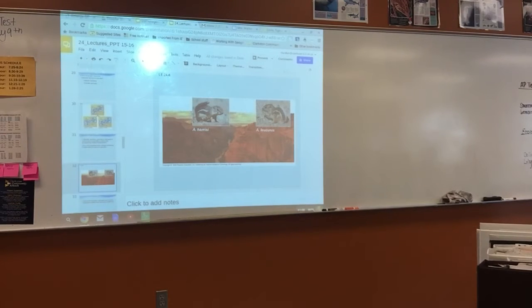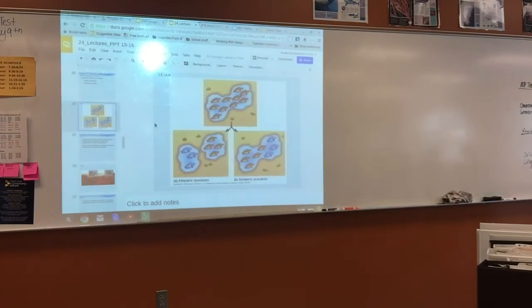And so these guys over here mate with each other, and these guys over here mate with each other, and eventually the p and the q can change enough that if you put them together again, they don't mate with one another. And that's the beginning of the divergence into two different species. But not all species have to be geographically isolated.